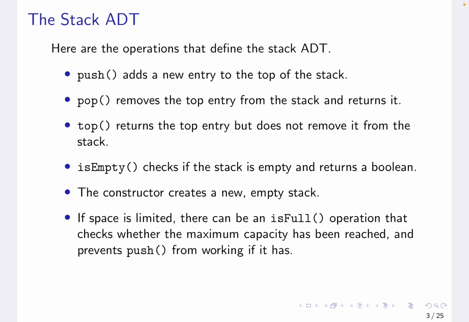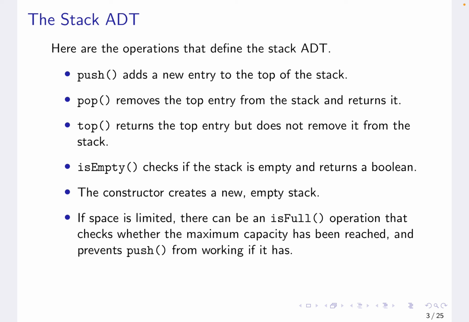So what is a stack from the perspective of a user? List of operations, obviously. Push adds a new entry to the top of the stack. Pop removes the top entry from the stack and returns it. Top returns the top entry, but doesn't remove it from the stack.